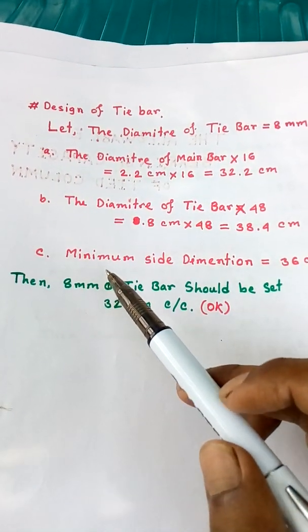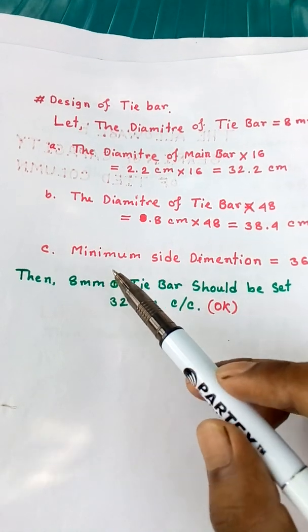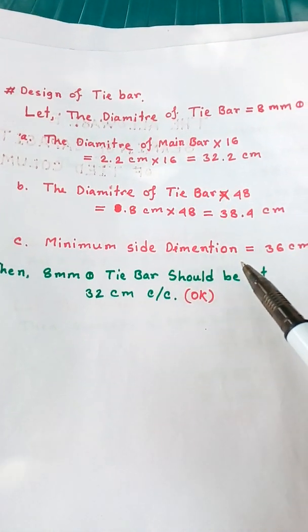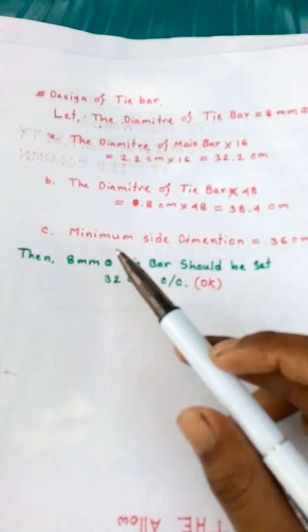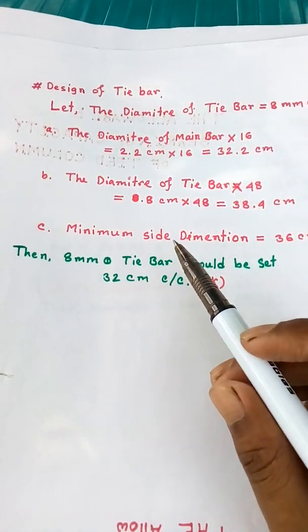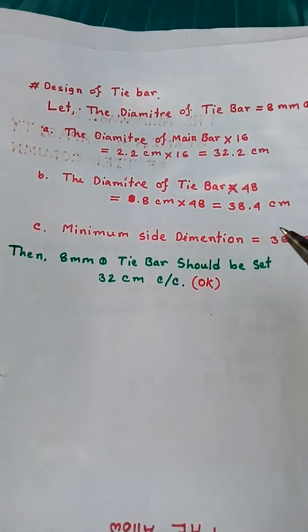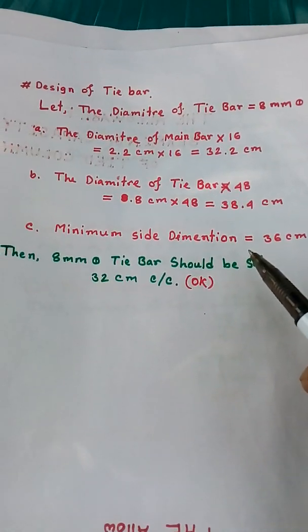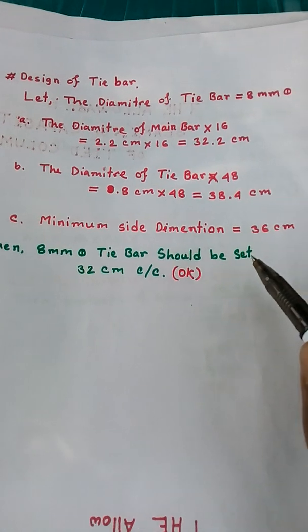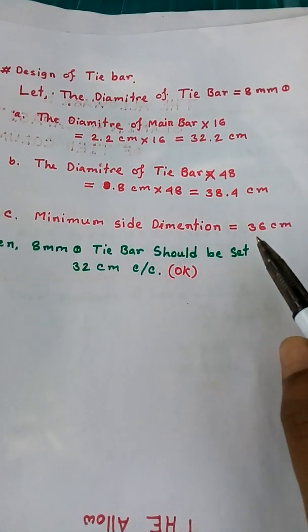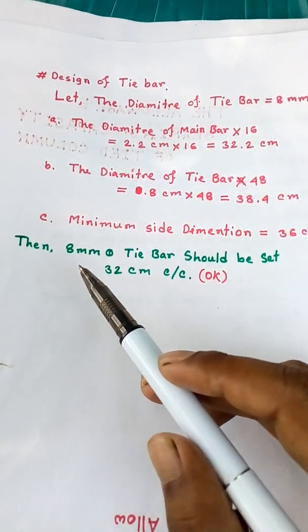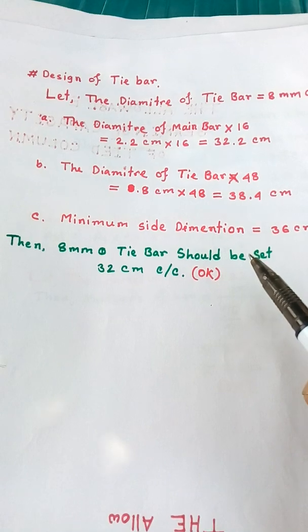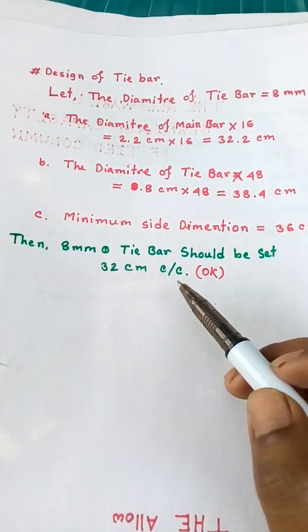And the other rule should be the minimum side dimension of the column, the cross section of column. Minimum one side dimension. Then we can get the side dimension of the column is 36 centimeter by 36 centimeter. Okay, then the 8 mm dia tie bar should be set 32 centimeter center to center.